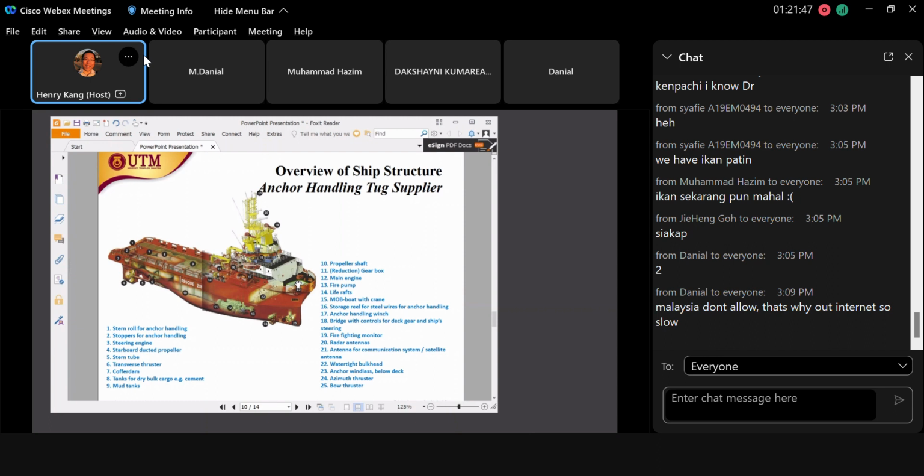Another very typical ship is the tugboat. Tugboat is for what function? Tugboats normally have very large horsepower, because the tugboat is used to adjust the positions of big ships when the big ships want to berth or dock.